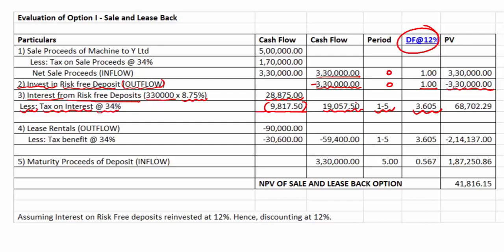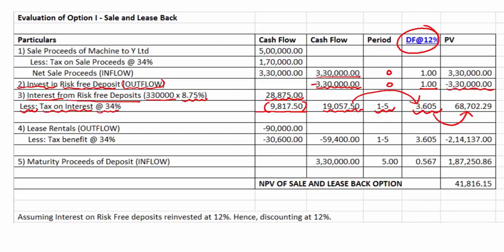Fine. So this 19,057.5 multiplied by 3.605 will give me value as 68,702. So this is the present value of interest which I am going to get over a period of 5 years. Right. Next comes item number 4.